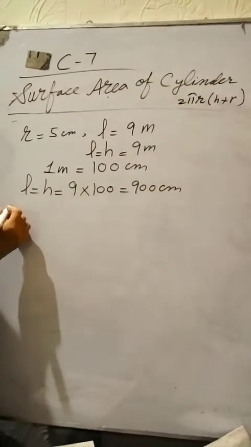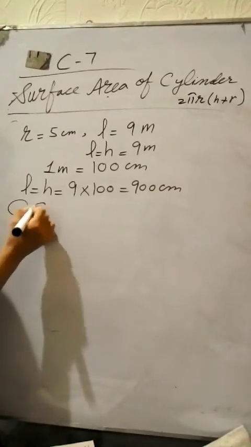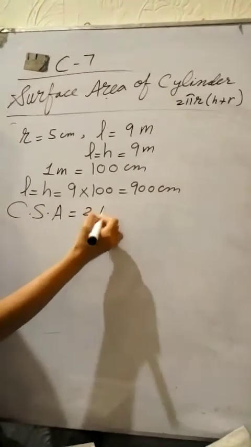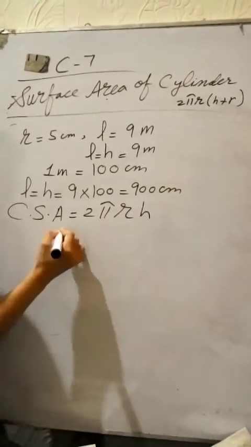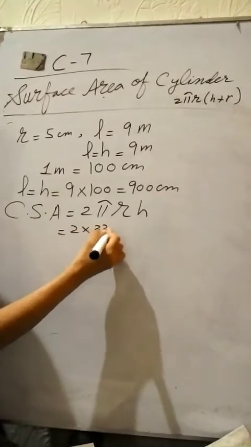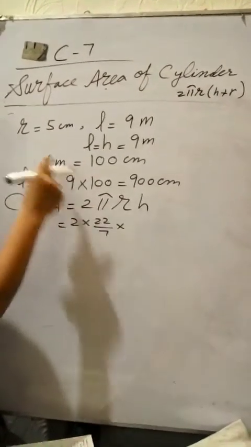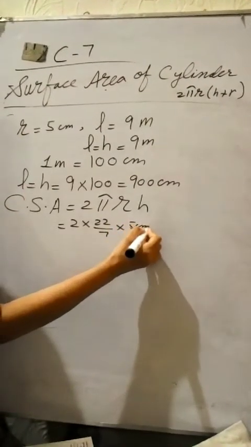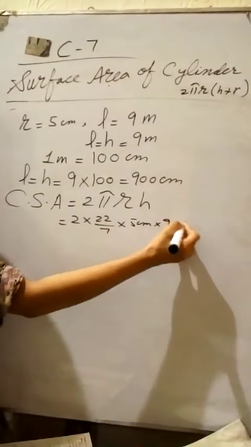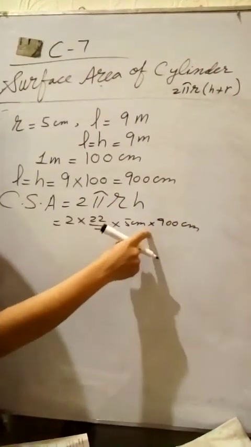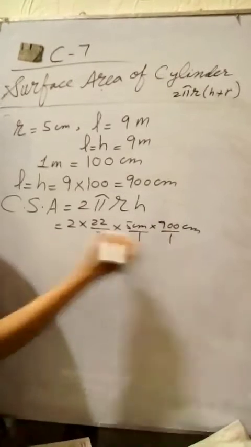If we need to find the curved surface area, the formula will be 2 pi r h. So 2 is the formula, 22 over 7 for the pi value, radius is 5 centimeter and the height value is 900 centimeter. Now see, bases are same. 1 as a denominator.